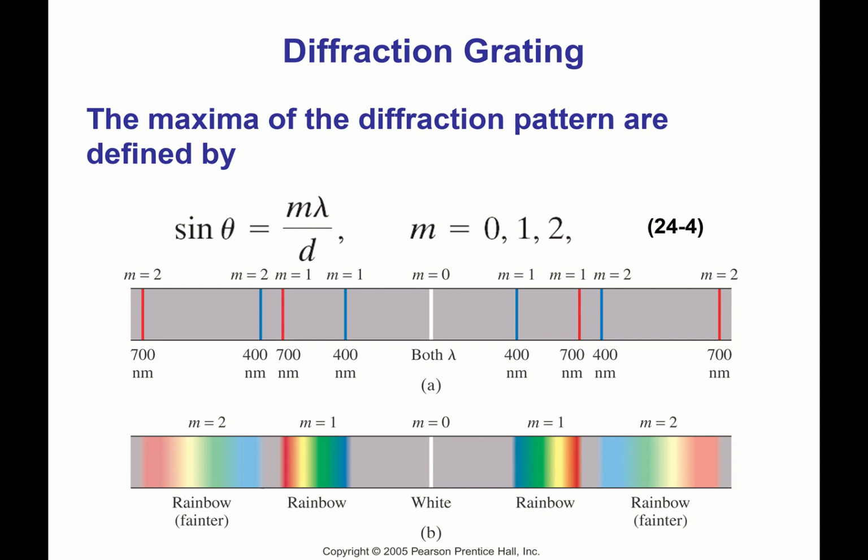And then as you go out to higher orders of m equals 1 and m equals 2, you can see the distance between the red and the blue line gets bigger. If you shine on real white light that has a whole rainbow of colors in it, then you'll see you get a rainbow that spreads out again as m gets bigger. The width of that rainbow gets bigger and the brightness of it decreases.